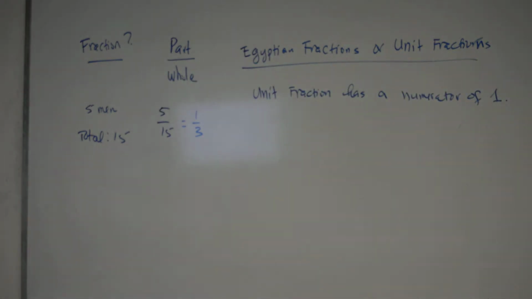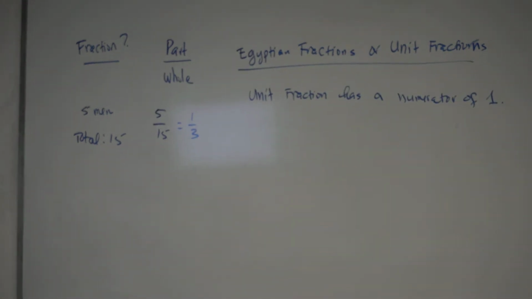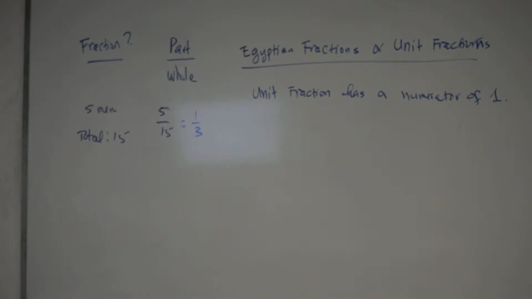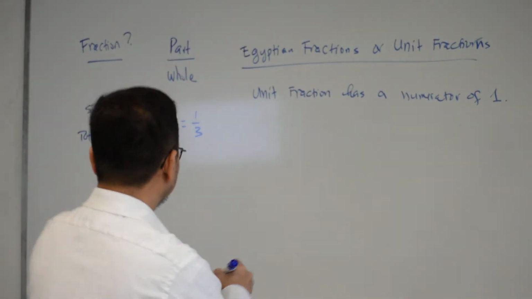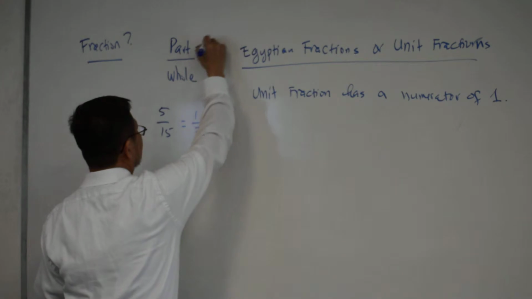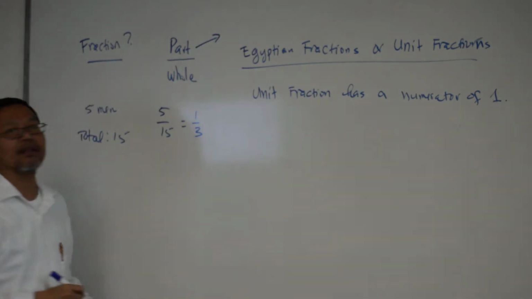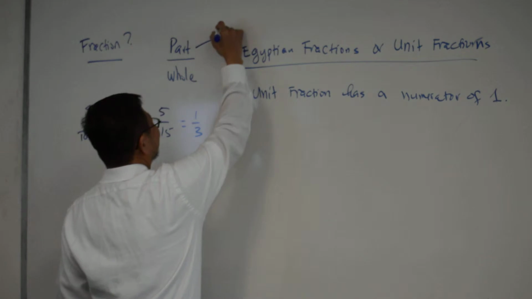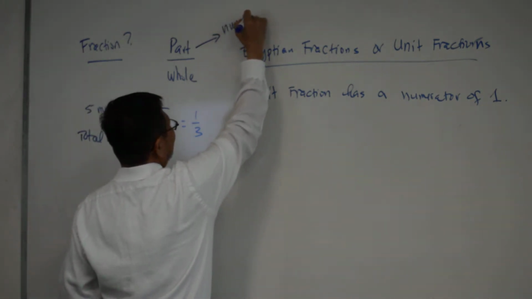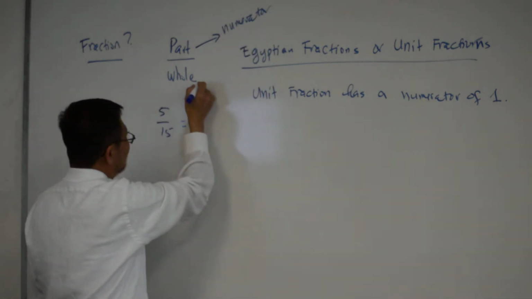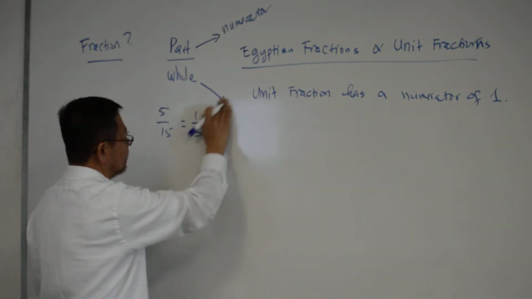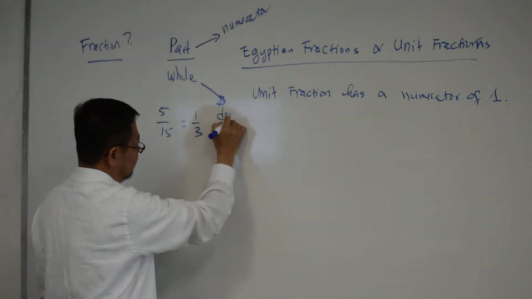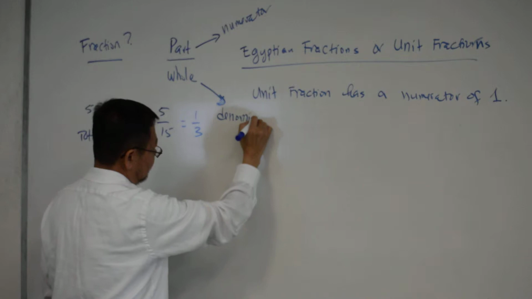Now, in terms of part, what is the technical term for a fraction? What is the top number called? The numerator. Yes, numerator. Good. And what is the whole, the bottom, called? Denominator. Good.